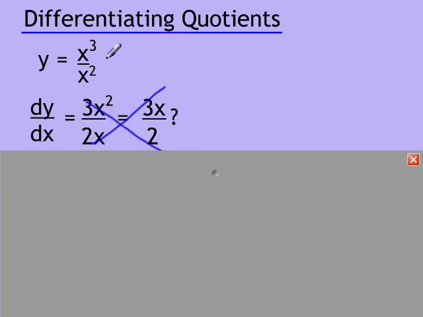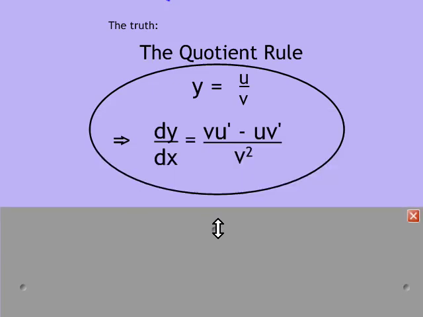This simplifies down to x, so when you differentiate it, you should have got 1. Okay, so you can't just differentiate the top and the bottom and divide them. That just doesn't work. What's the way that you actually do it? It's the quotient rule.